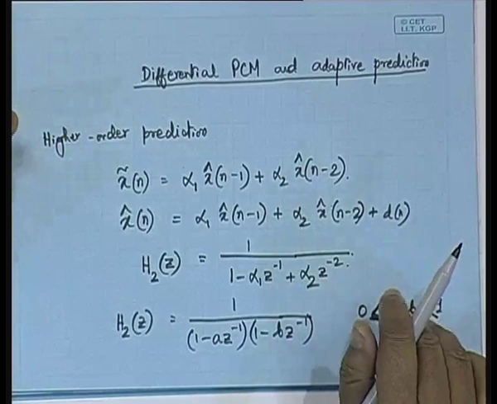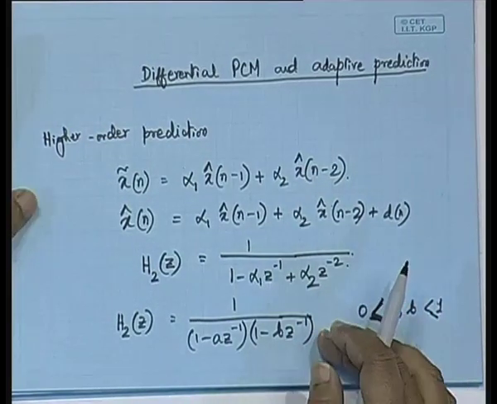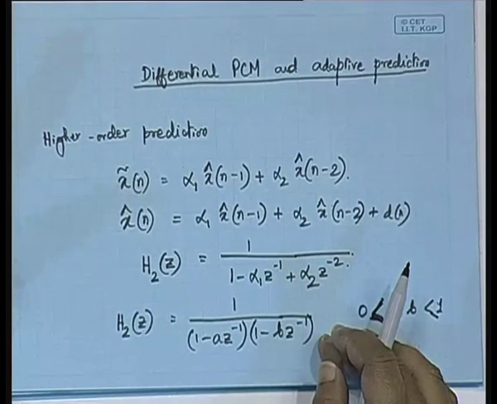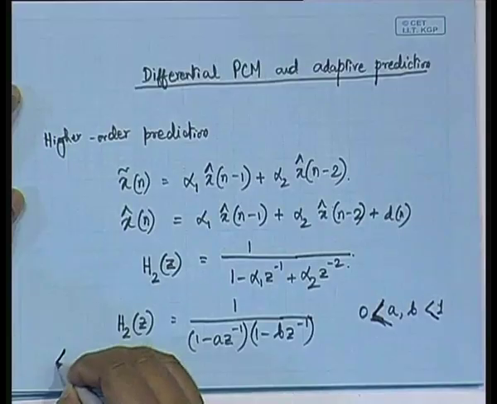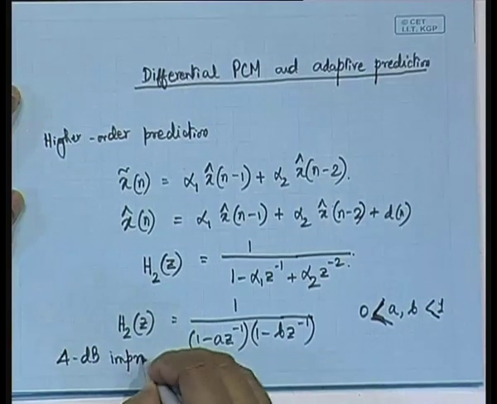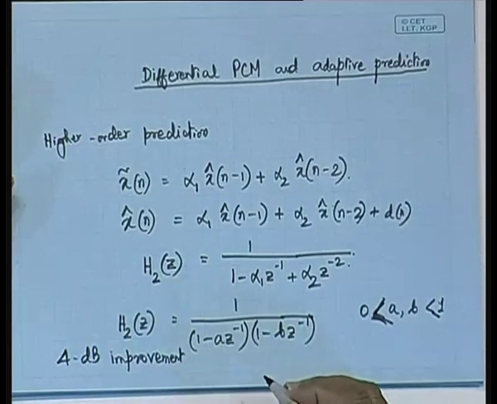So in fact the improvement by using the second order prediction could sometimes be of the order of even 4 dB, okay. It can vary from speaker to speaker and from one speech content to another, but 4 dB improvement is sometimes quite typical for second order predictions, okay.